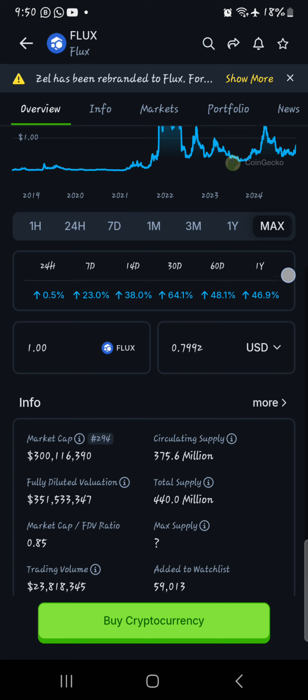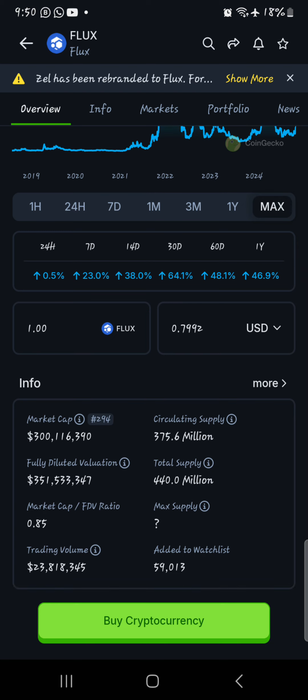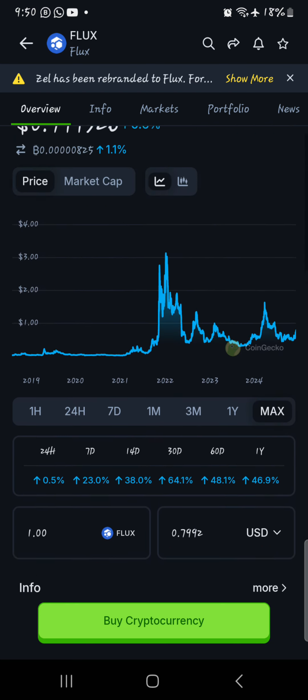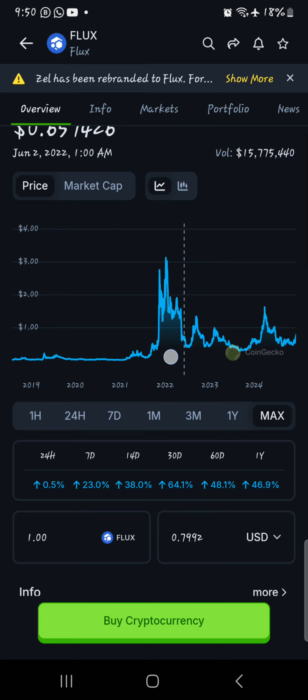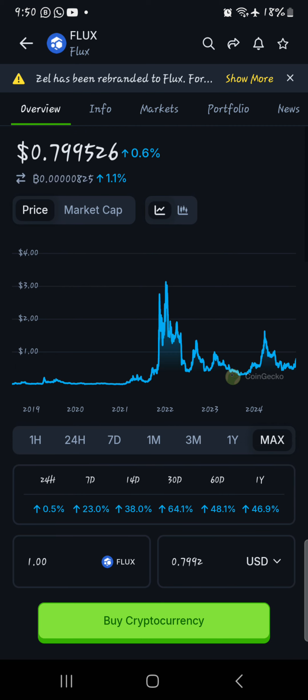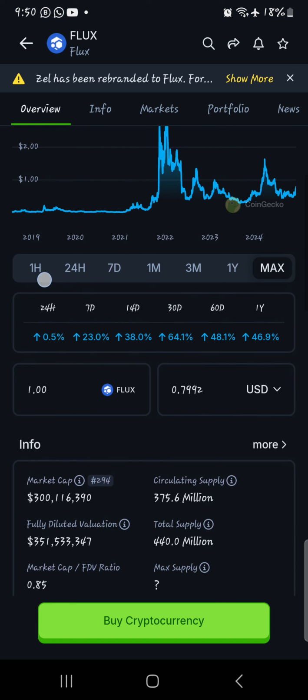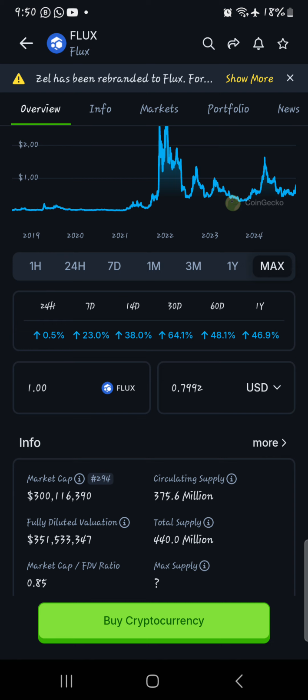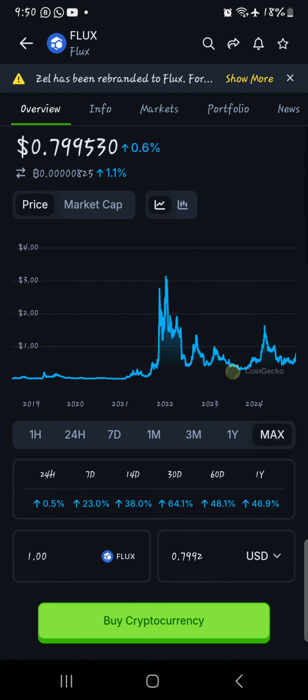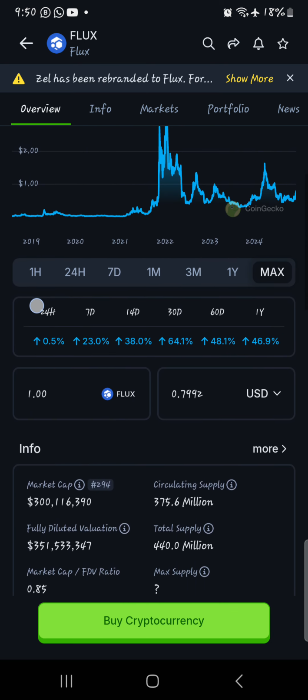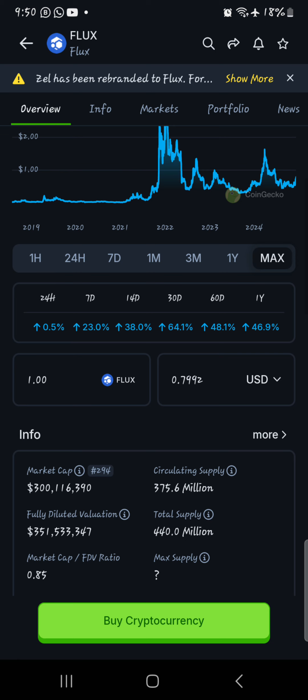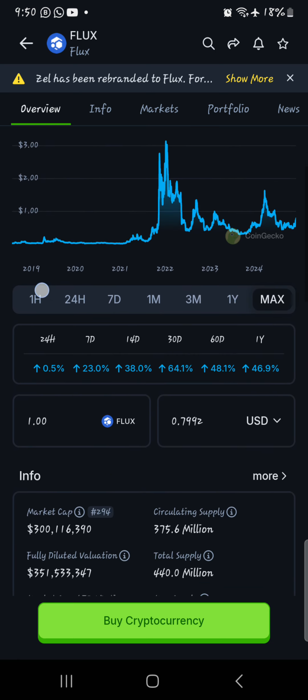When I look at current market cap, 300 million, I'm like, oh, only 10x, right? And supply is not even up to 1 billion.